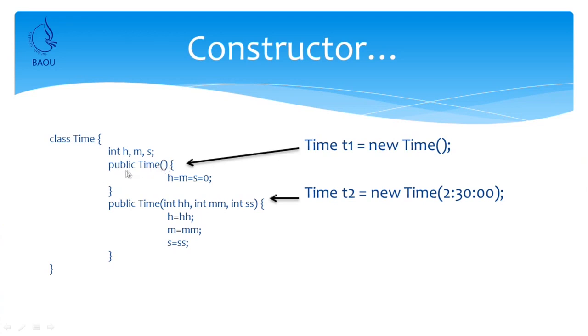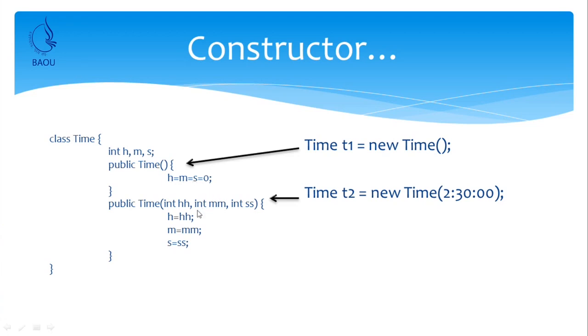Public is the modifier for this constructor and Time is the class name. So, it is a constructor and it does not take any argument, and it initializes all 3 instance variables to 0. So, whenever I write Time t1 = new Time() with no parameter, this constructor is automatically called and t1's h, m and s are initialized to 0.